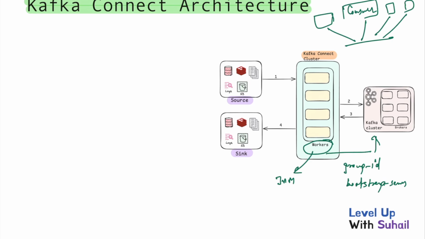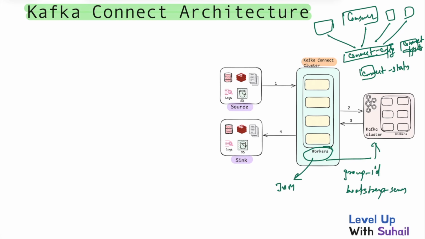It is trying to connect with all three topics: the connect configs, the connect status, and the connect offsets. These are the three topics, and every topic has a single partition. So what would happen? One of these consumers would act as a leader. Similarly, if you have multiple workers, worker 1, worker 2, worker 3.